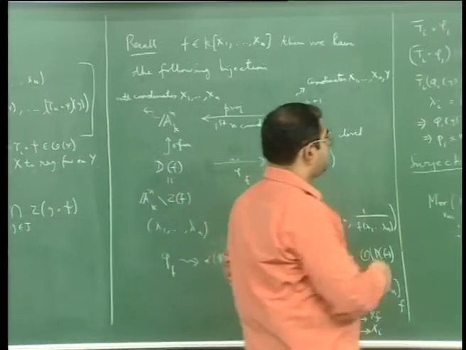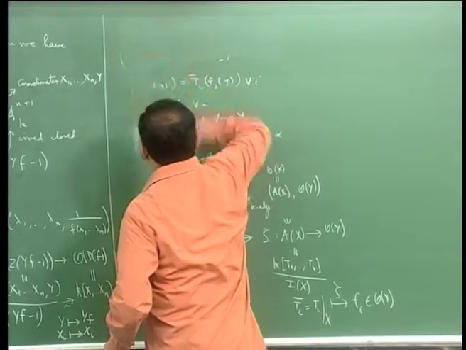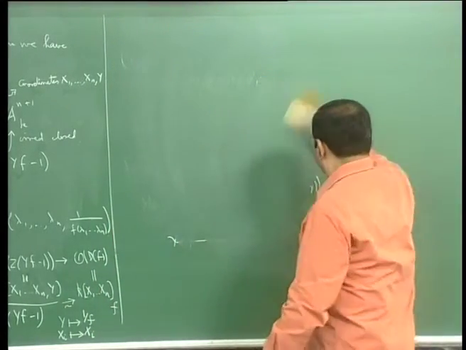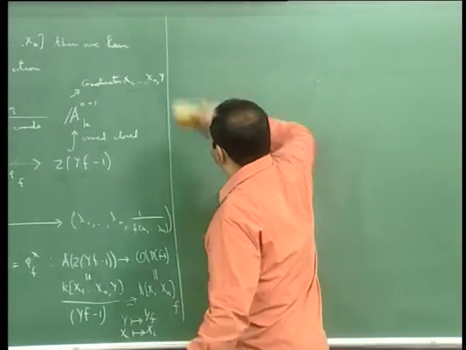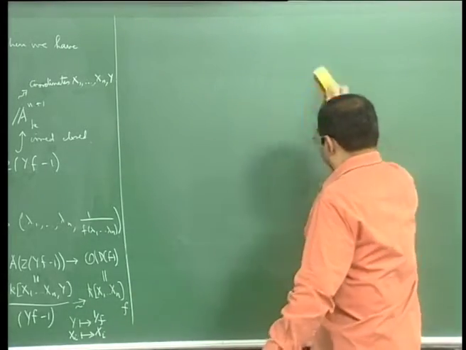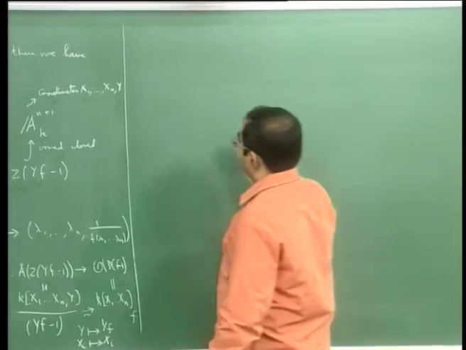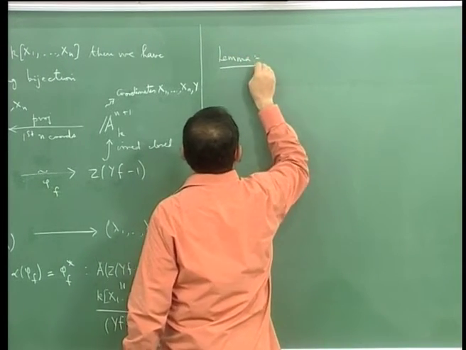And then the final thing that I wanted to say is about the equivalence of categories of affine varieties and finitely generated K algebras which are integral domains. So for that I need a little bit of functoriality. So here is a lemma that you can easily check.